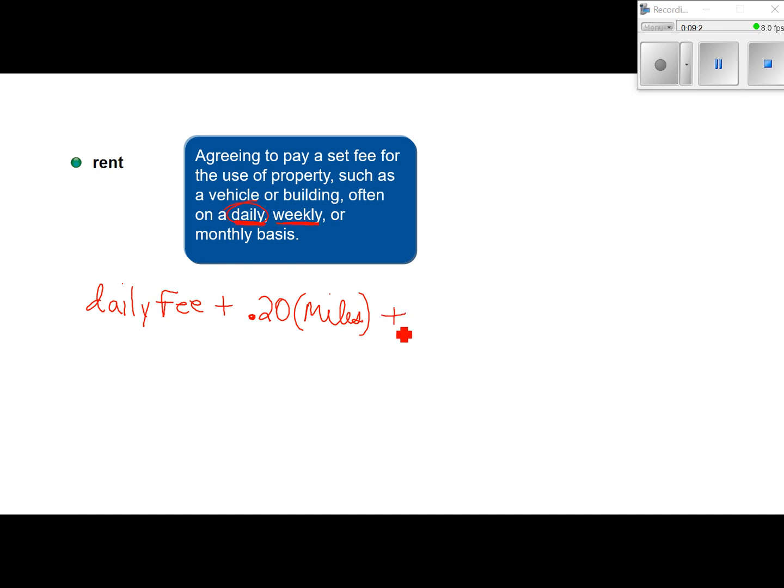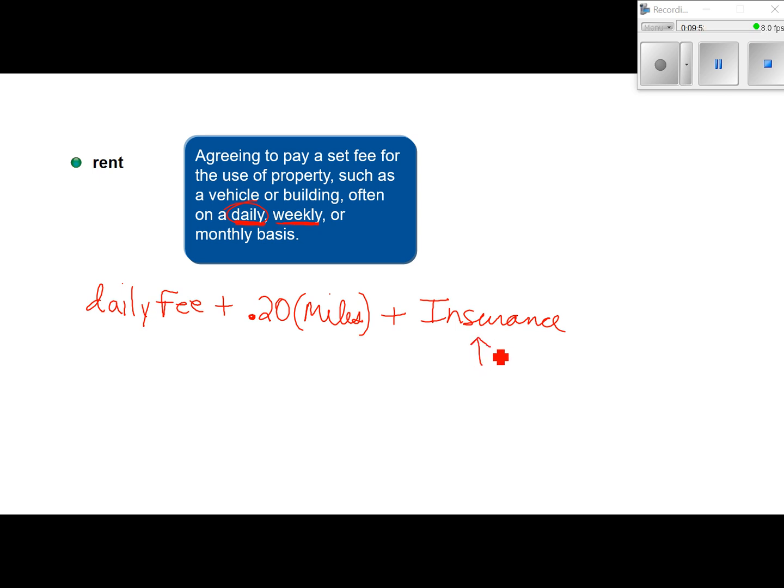Plus, instead of just damages, there may be an insurance that you need to get on the car. That way, if you damage the car or you're in an accident with the car, then the car is covered. Some places don't make you get this insurance.